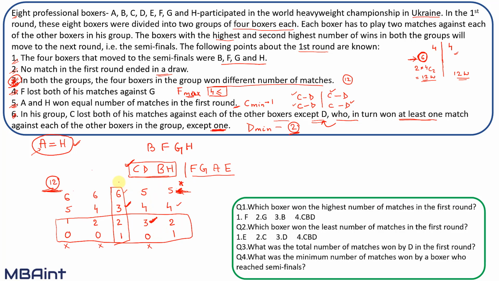So this set of values for CDBH will have a complement in this case. H would be given 3 wins and A would be given 3 wins but not selected. So the whole question becomes very easy to solve now, right?